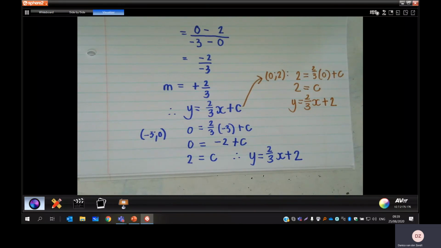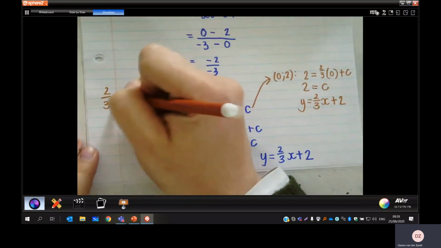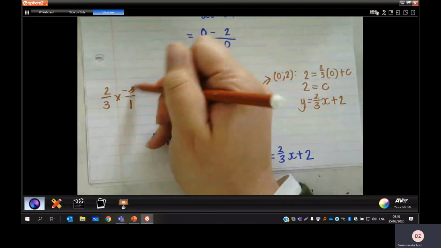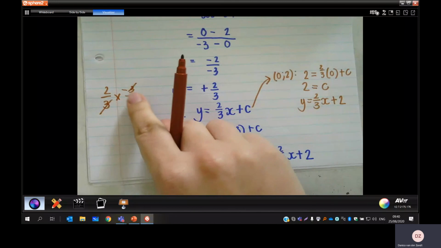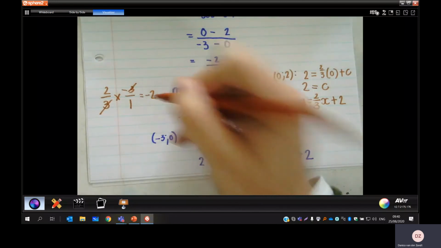Math, how is 2 over 3 times negative 3 negative 2? If I do this, I'm just going to write on the side here. The 3's cancel, but my negative does not go anywhere, so 2 times negative 1 gives me negative 2.